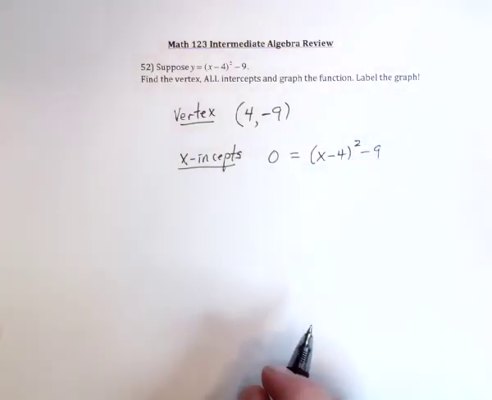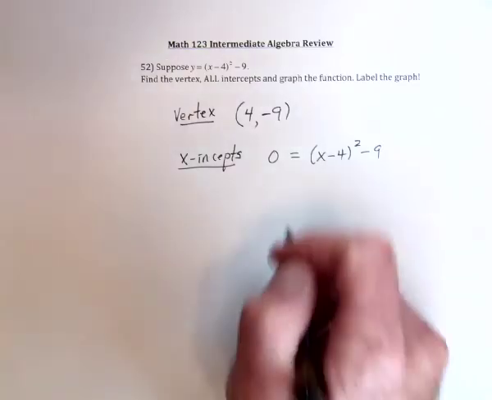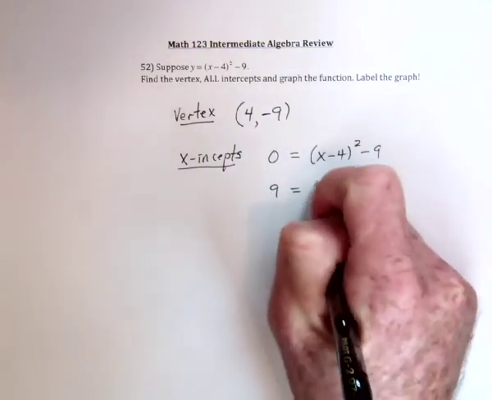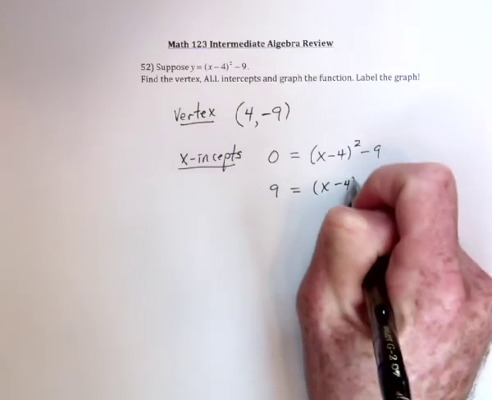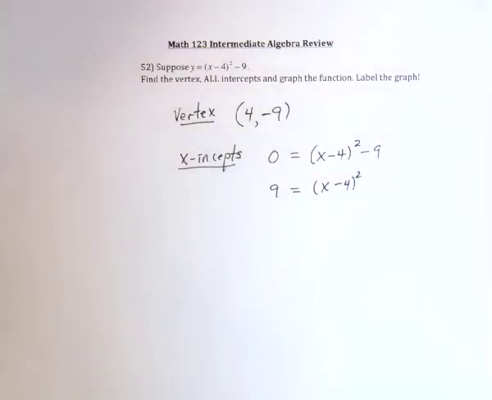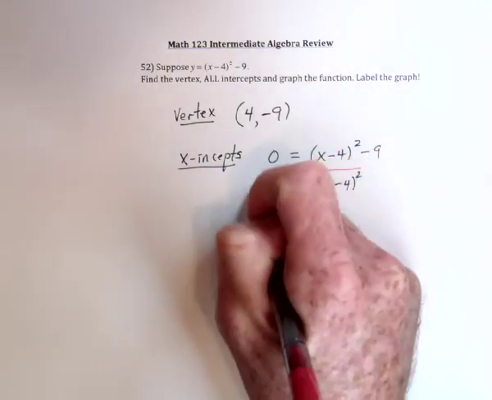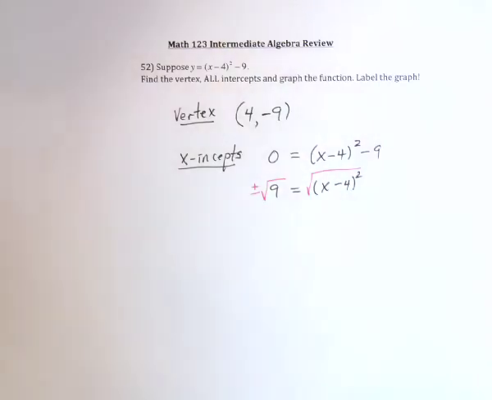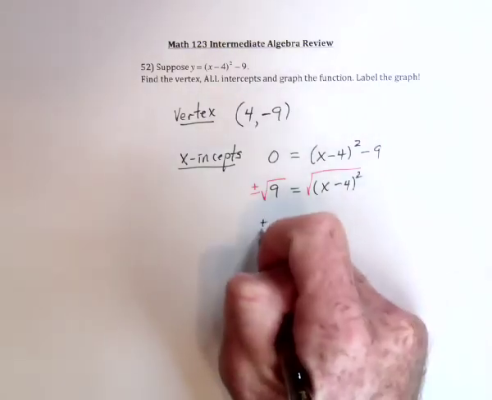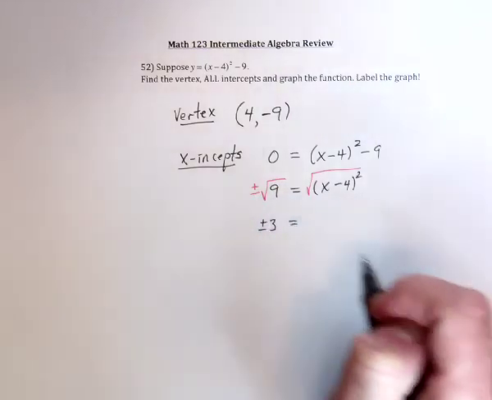And I think the easiest way to solve this equation would be add 9 to both sides in order to isolate the square part, and then do the opposite of squaring, which would be square root. When you take the square root of 9, though, be sure to put positive or negative the square root of 9. So we've got plus or minus 3 right here.